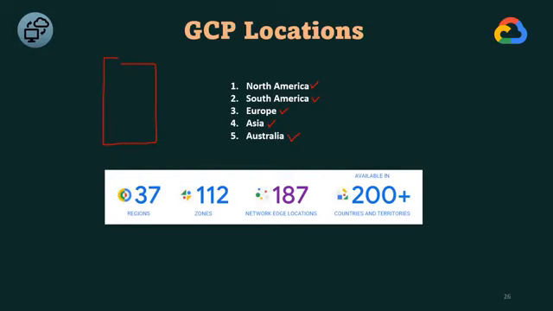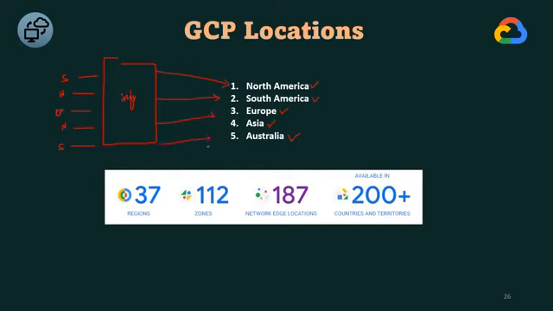Great, sorry, guys. What I was saying is that Google has divided its infrastructure into these five locations. When I say infrastructure, you already know it could be a server, hardware, CPU, memory, networking, or storage. Whatever infrastructure Google has, that entire infrastructure is divided into these five locations.